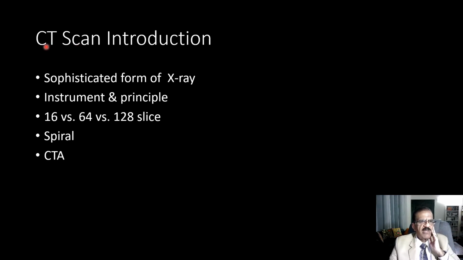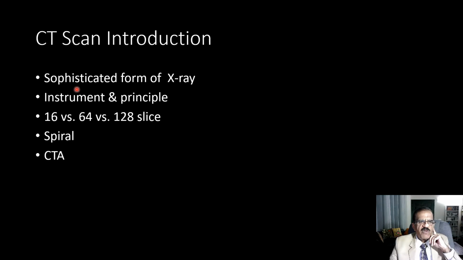The first terminology when it came into being was CAT, computerized axial tomogram, because we could take images only in one axis. So it used to be called CAT scan. But nowadays, because some other images can also be taken, not necessarily axial, we call it CT scan.